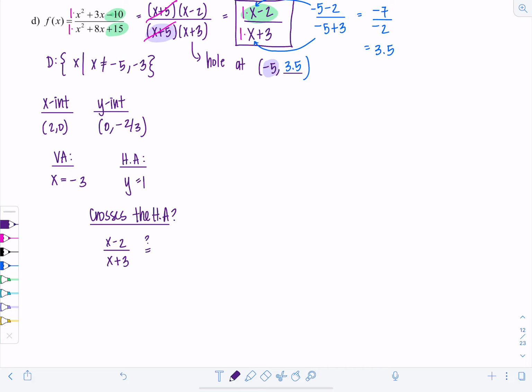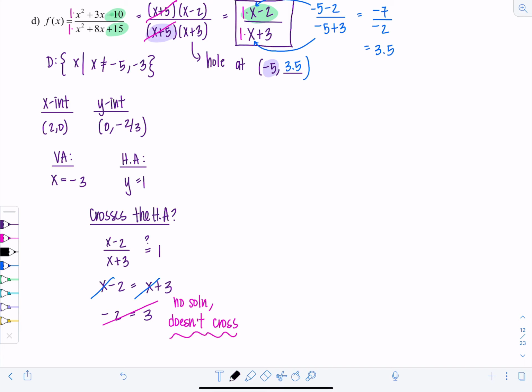Does that ever equal 1? Well, let's see. That would mean x minus 2 equals x plus 3. Cancel out x, and I get -2 equals 3. That's not true. There's no solution to this equation. So when there's no solution, that means it doesn't cross the asymptote.